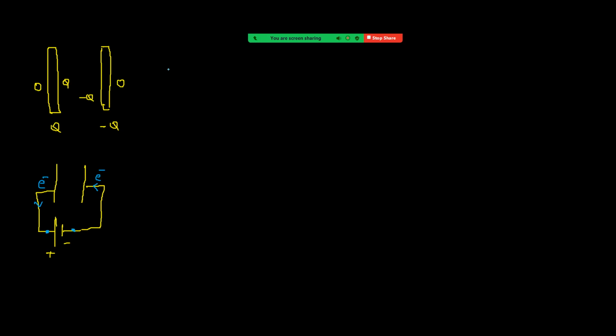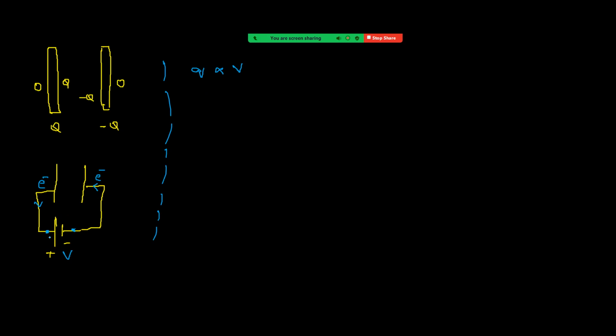That means the charge on the plates is proportional to the potential difference. I am taking V for potential difference. If we connect a battery having more potential difference, then the charge will be more.